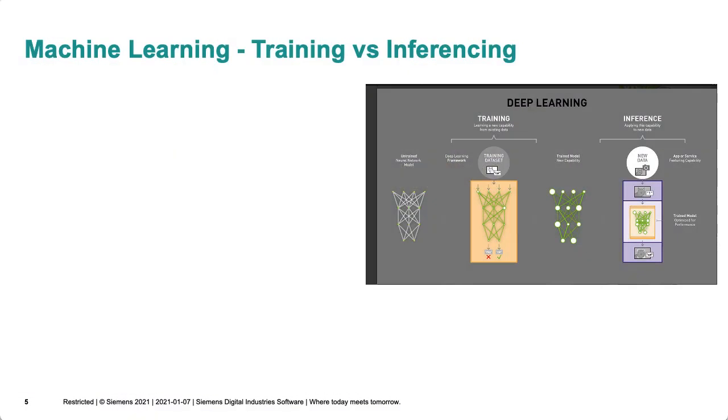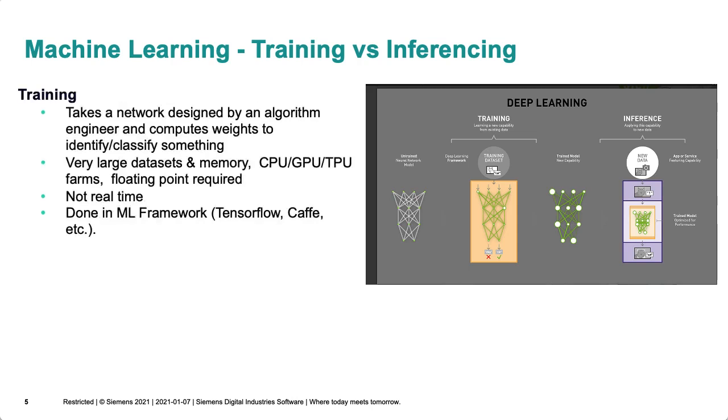Designing and implementing machine learning algorithms both in software and hardware can usually be broken down into two separate topics. Training takes a machine learning network designed by an algorithm engineer and computes weights to identify or classify something.